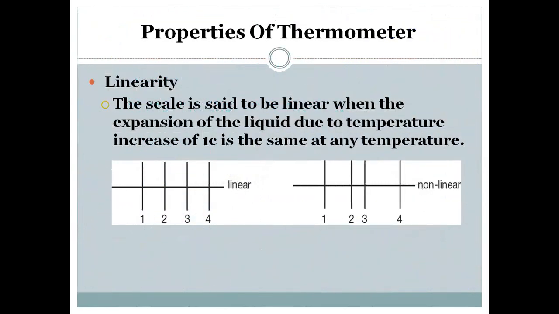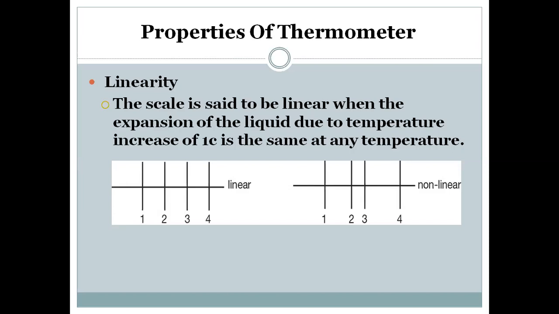Now, linearity. The scale is said to be linear when the expansion of the liquid due to a temperature increase of 1 Celsius is the same at any temperature.